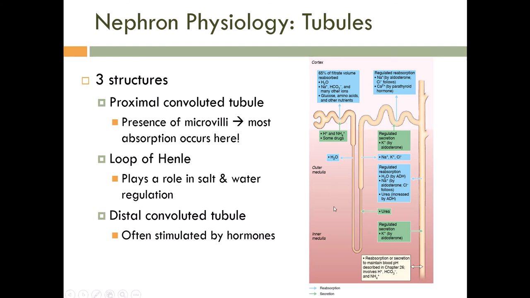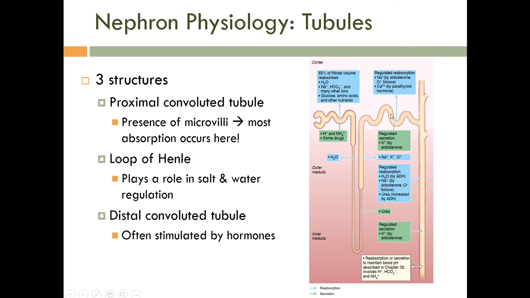Now, the loops of Henle tend to reabsorb salts and water and play a role, particularly the loops of Henle for the juxtamedullary nephrons, in regulating the concentration of our urine.